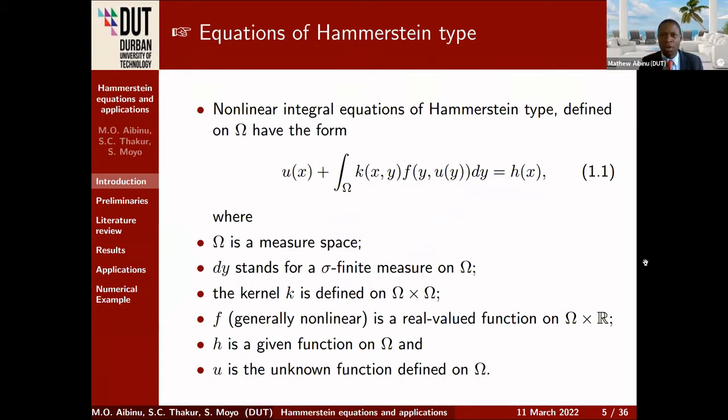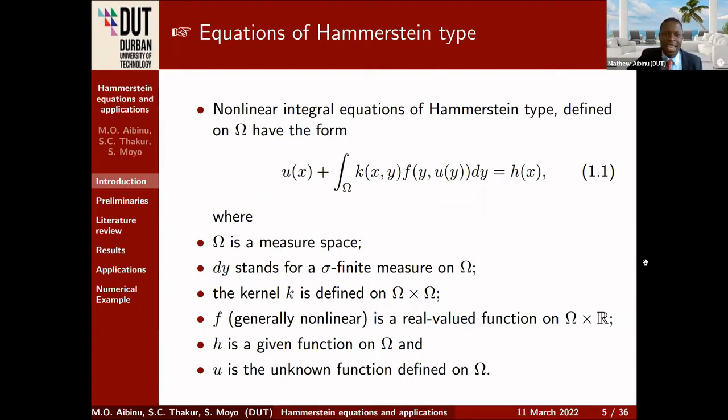Nonlinear integral equation of Hammerstein type defined on omega has the form given by equation 1.1, where in equation 1.1, omega is a measure space and mu stands for a sigma finite measure on omega.